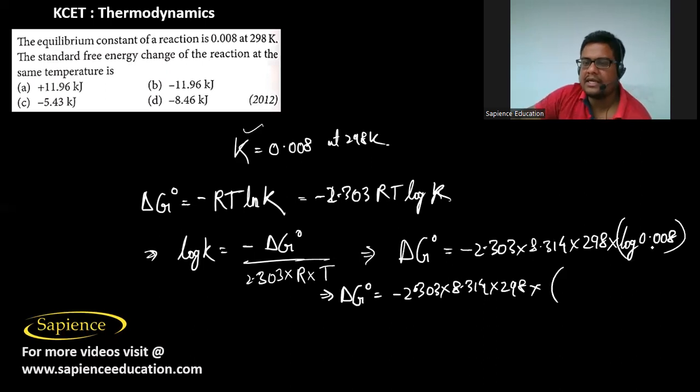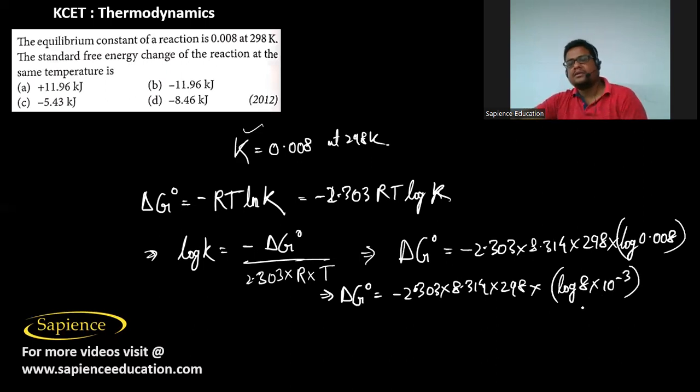I can say it is log of 8 into 10 power minus 3. So it is log 10 power minus 3, which is minus 3 plus log 8.